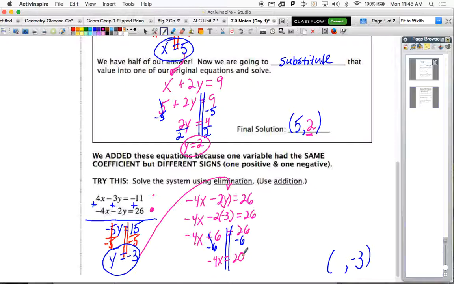And then our last step will be to undo the multiplication by dividing both sides by negative 4. So that means that we have x equals, I can't quite fit it down there, so I'm just going to write it over here. x equals negative 5. 20 divided by negative 4 is negative 5. So negative 5 is our x value, and therefore the intersection of these two lines is at negative 5, negative 3.